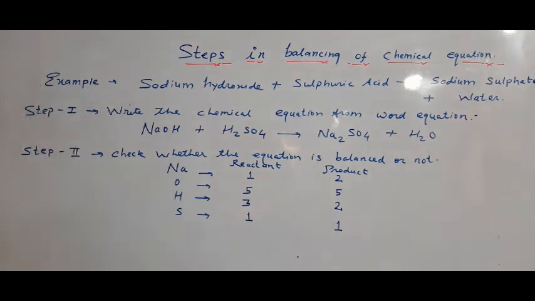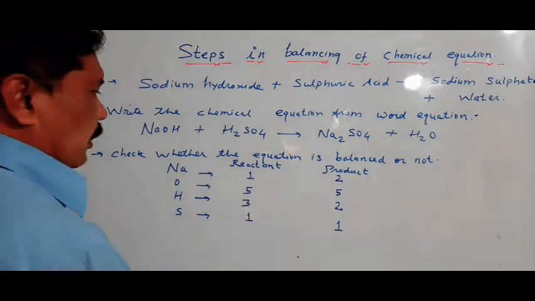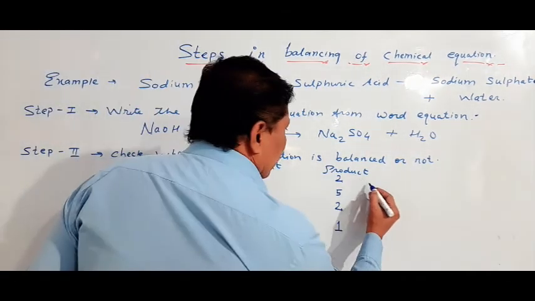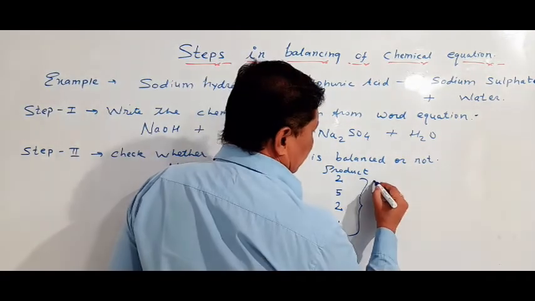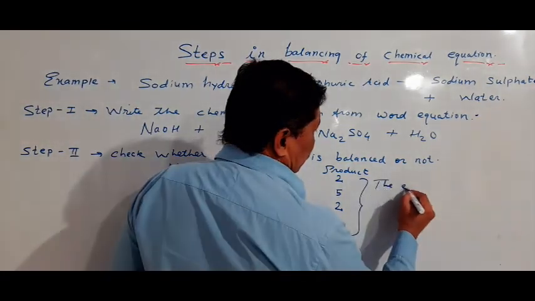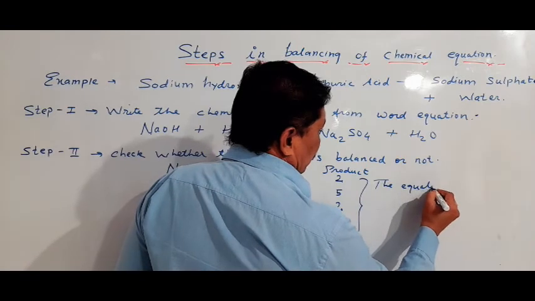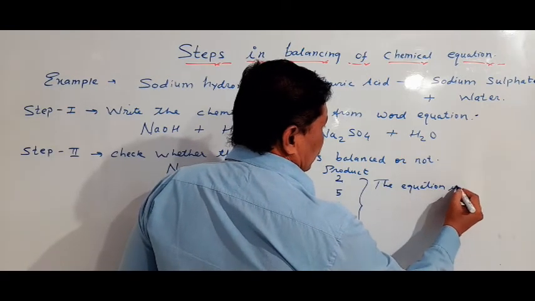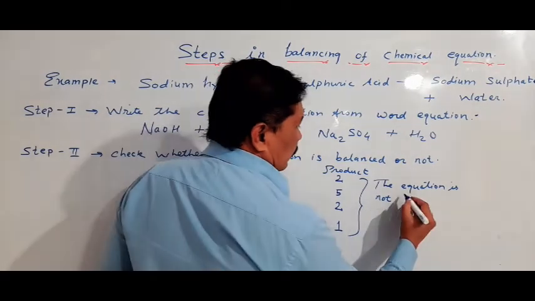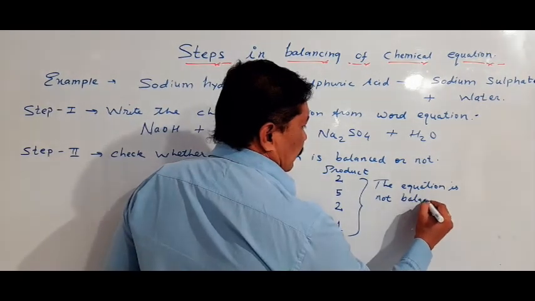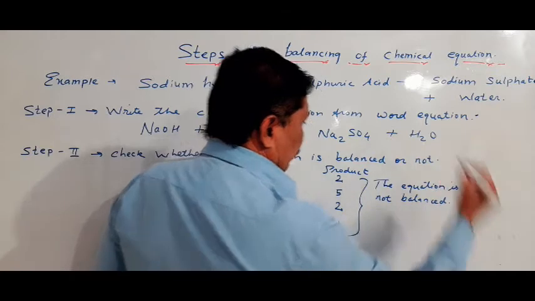If we count the atoms of the compound in reactant and product, what we can say? They are not equal. So we can write the equation is not balanced.